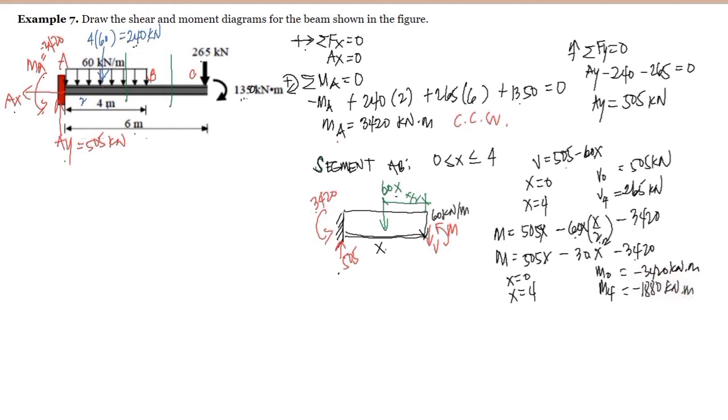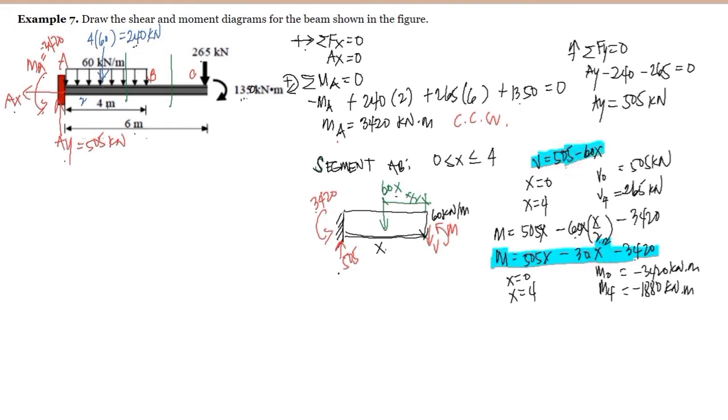Now, for checking, we take the derivative of the moment function, and so the derivative of the moment with respect to x is the shear. The derivative of 505x is 505, and the derivative of this negative 30x squared here is negative 60x.